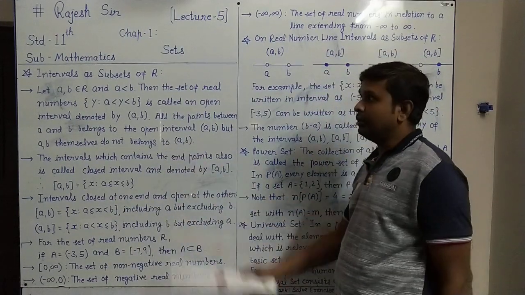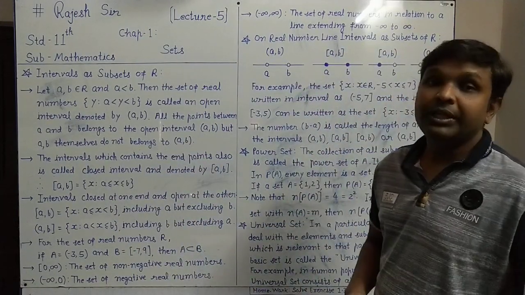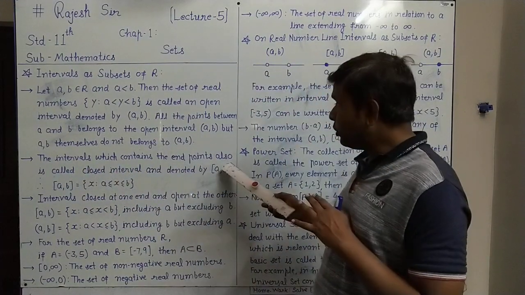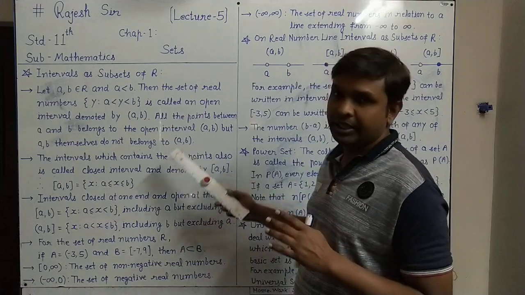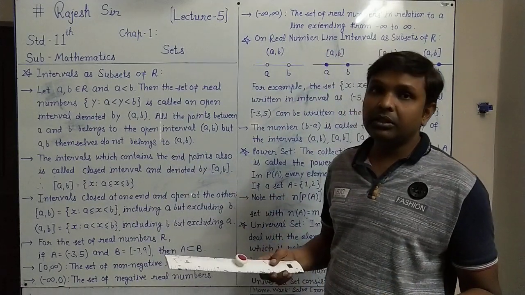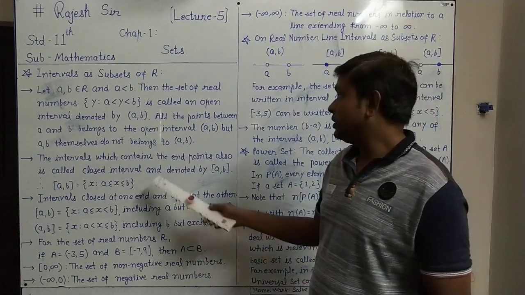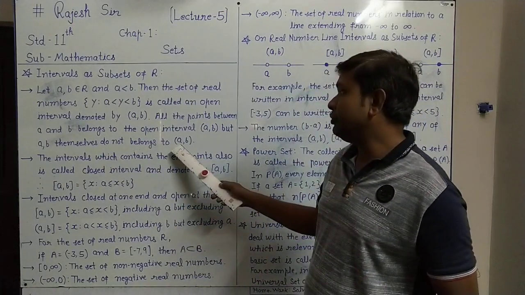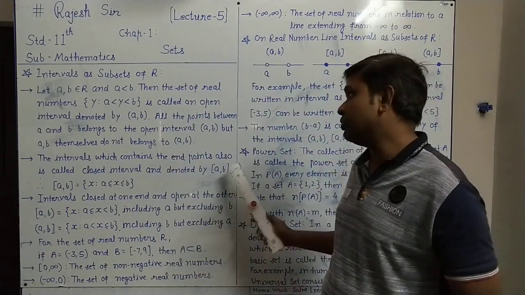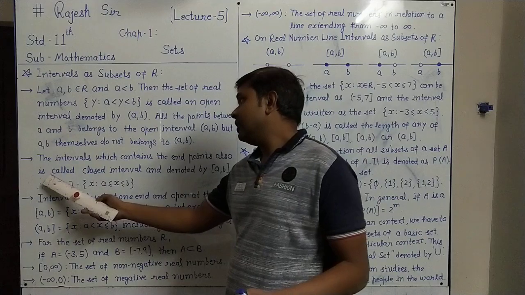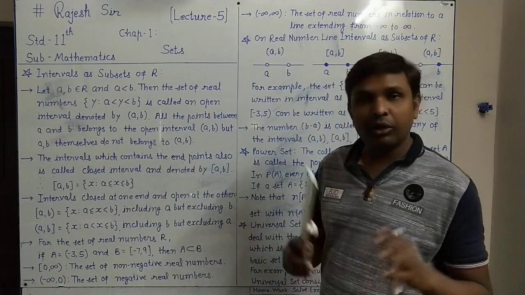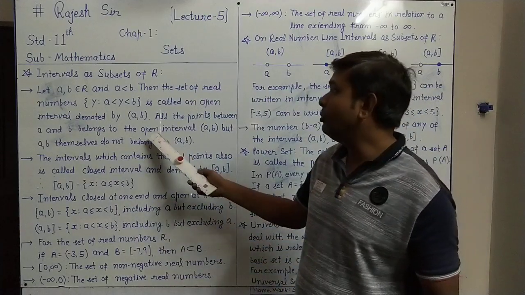This is one type of interval, the open interval. Now there are intervals which contain the endpoints A and B also. If endpoints are not included, it is called an open interval.